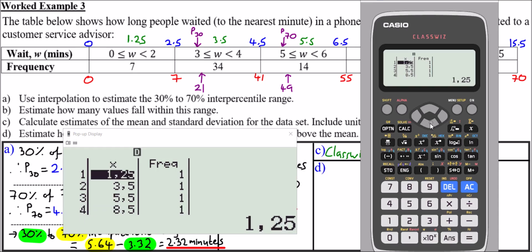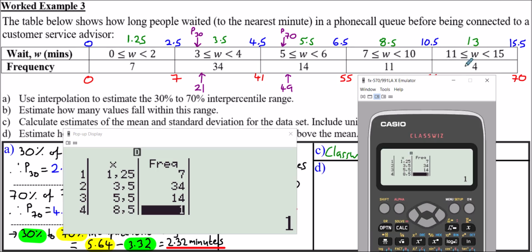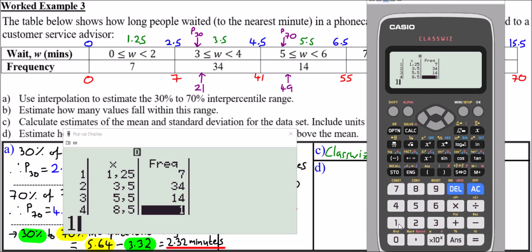Now scroll back up and type in the corresponding frequencies. The first frequency is 7, and 34, 14. I'll just see what the others were because I've forgotten. 11 and 4. So we type in 11, and the last one we type is 4.